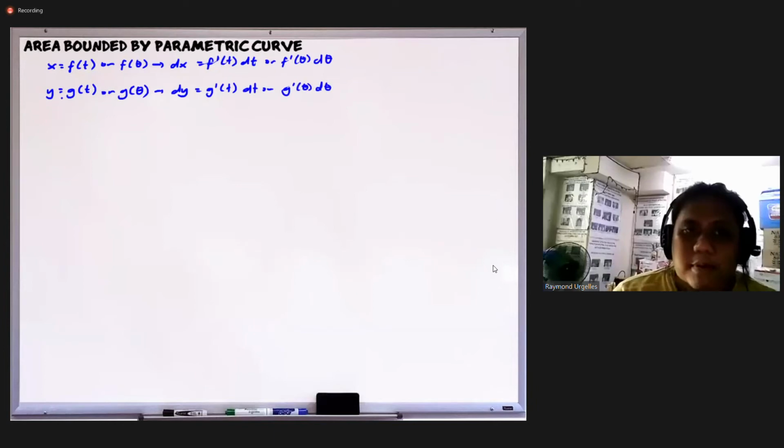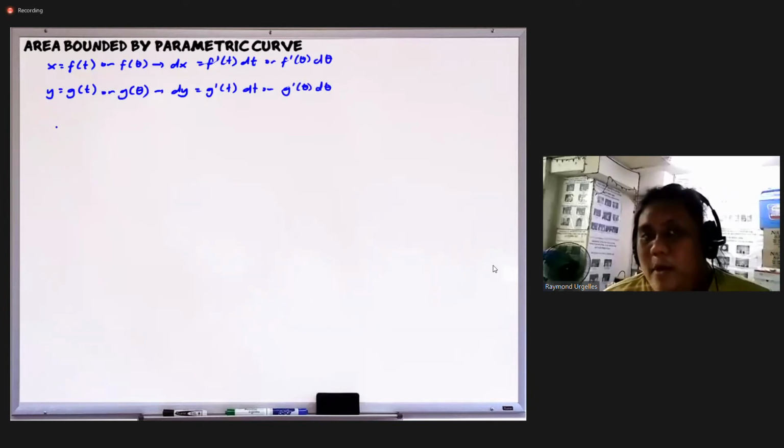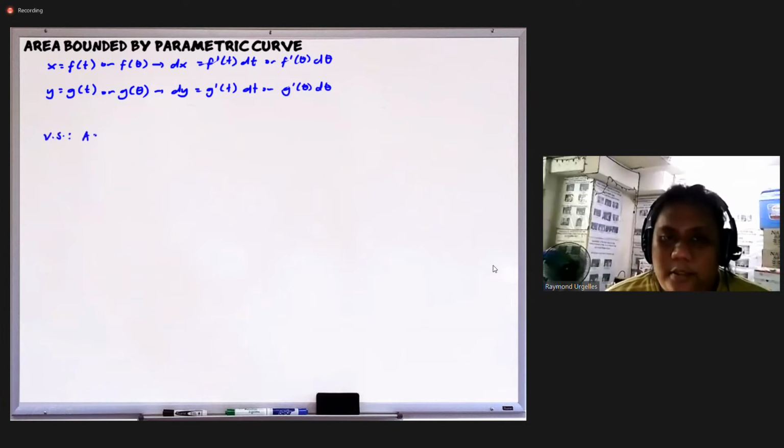That's what will happen. Remember, when we use vertical strips, the equation is area equal to the integral of f upper minus f lower, multiplied by dx.